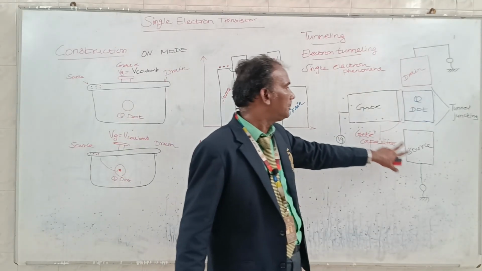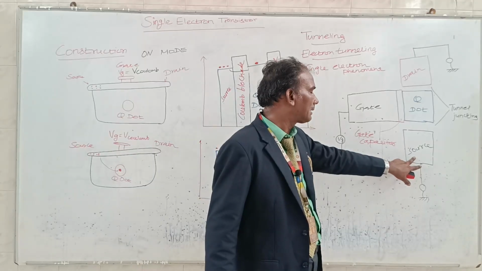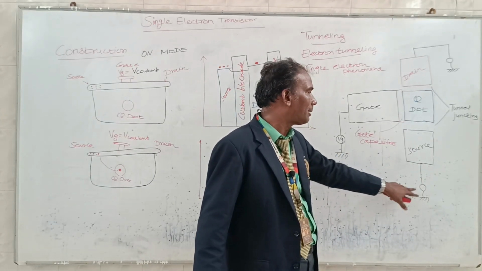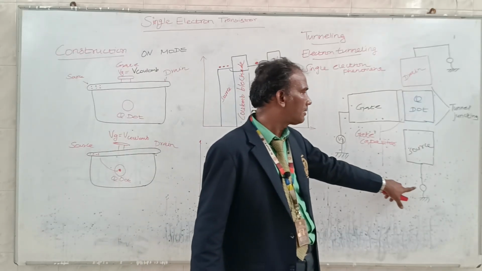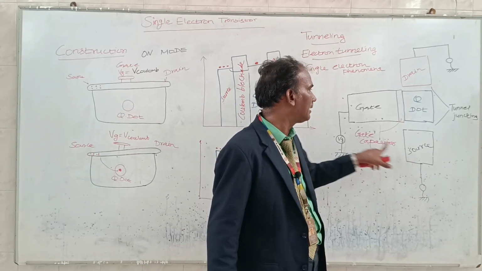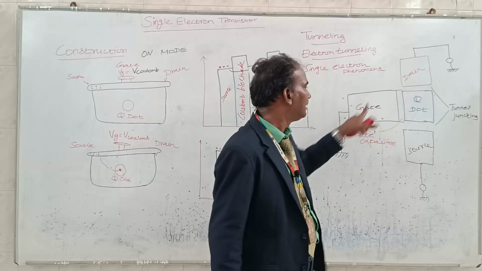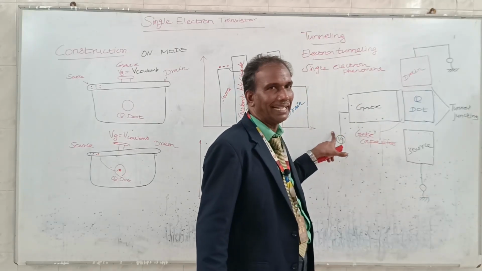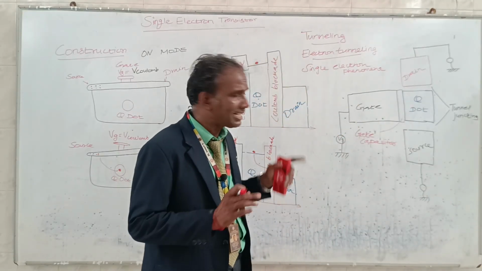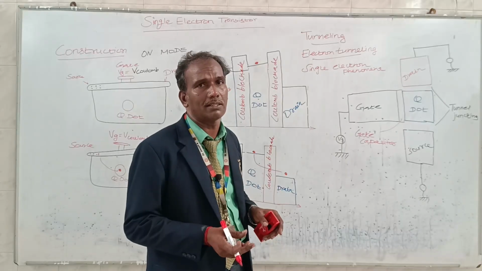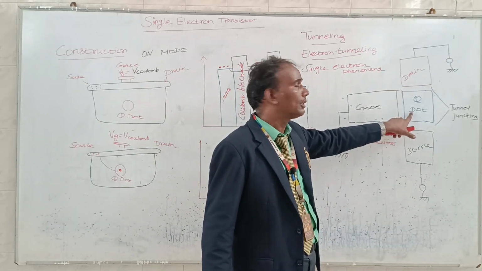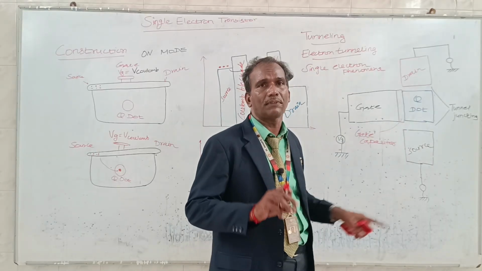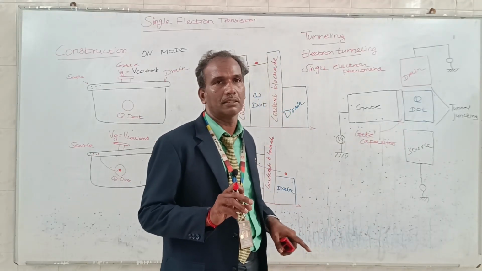So coming to the single electron transistor, this is also a three terminal device, as we discussed earlier. One terminal is source, the other terminal is drain, and the third terminal is gate. So the difference between the SET and FET is, in the case of the field effect transistor, we have the semiconductor channel.